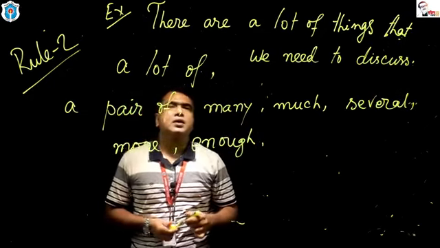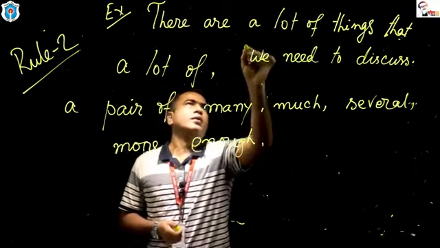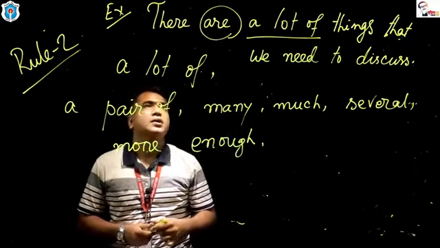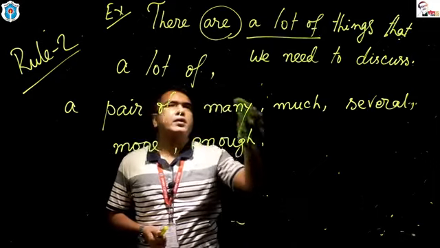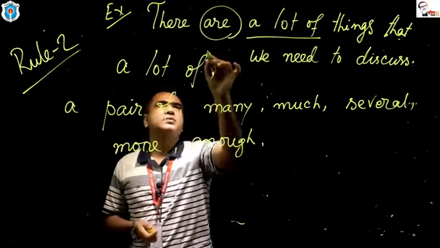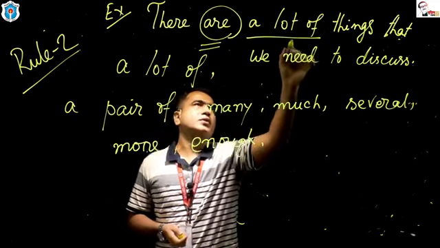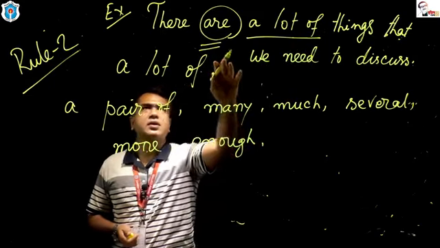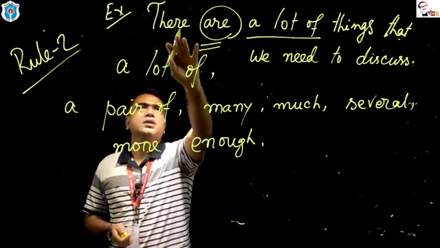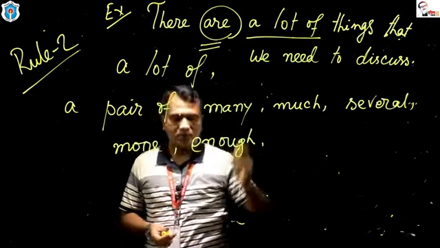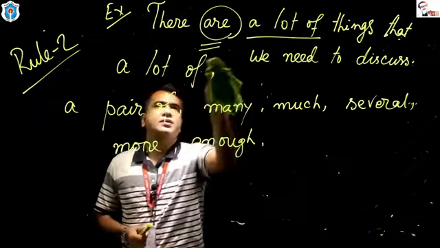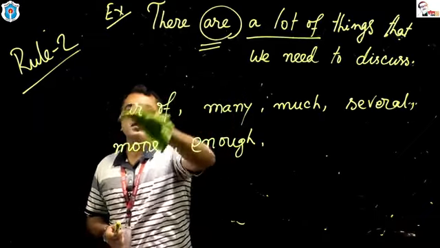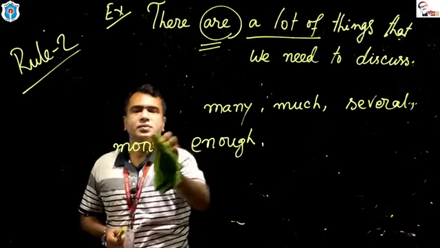Here I have used a lot of, and along with it I have used a be verb. There are a lot of things. Here I have used are, because a lot of things, the subject, indicates plural number, so we have used there are. If the subject is singular, then our verb will be singular.